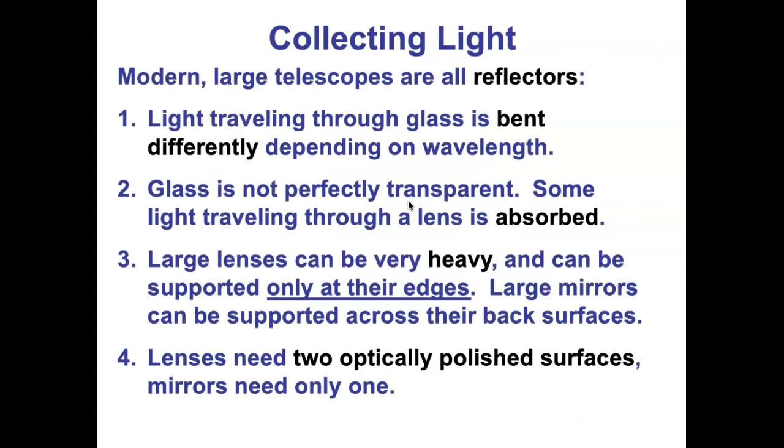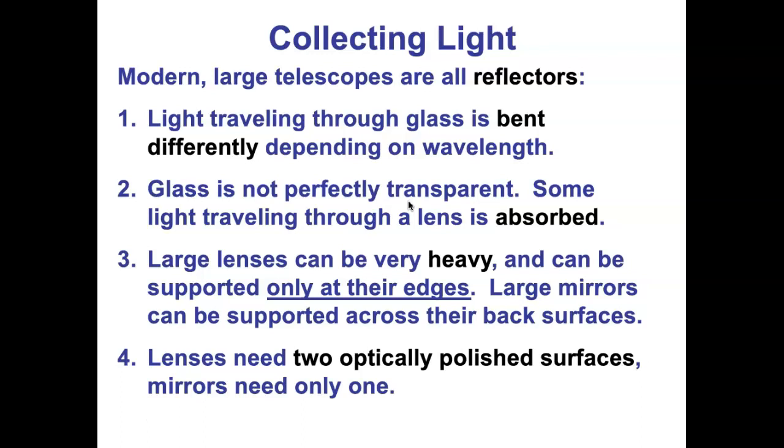Right? If you have a reflector, a mirror is what? A mirror is just a thin sheet of metal that is polished to just the right shape. You only need to curve one side of a mirror. Who cares what shape the backside of a mirror is in? The backside's not doing any of the work, right?